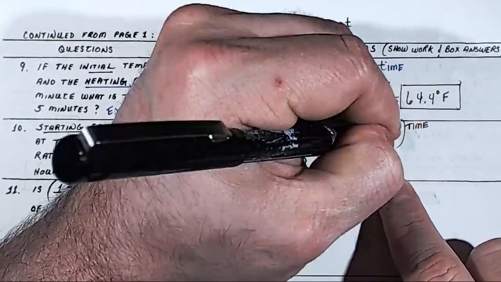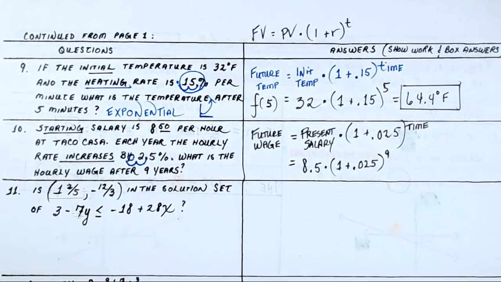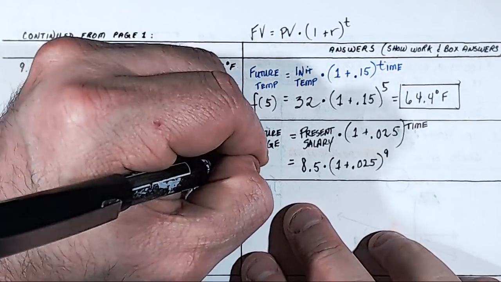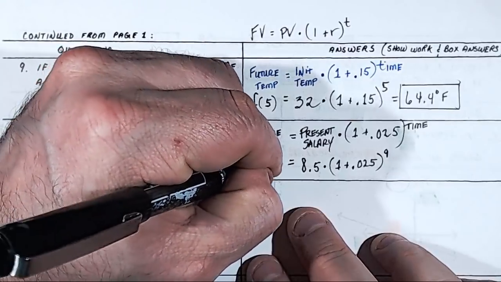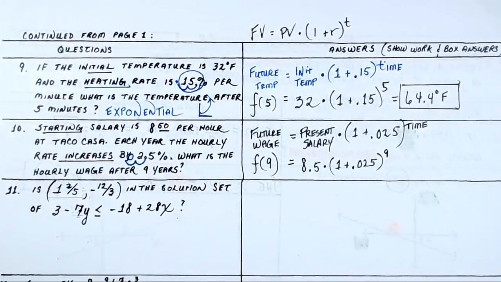So put 9. Okay. Now, this is the same thing as computing f of 9. So we're going to find the hourly wage after 9 years.